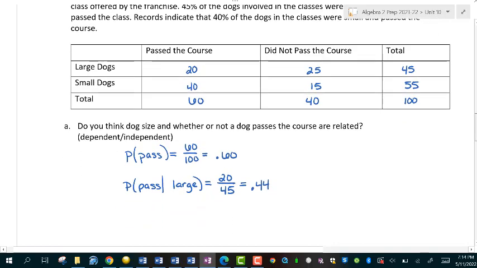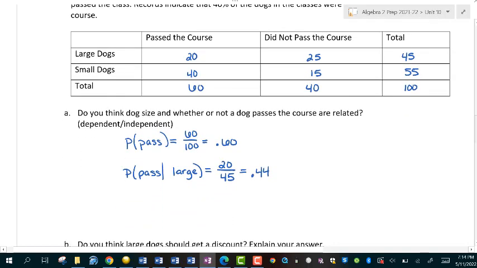So here's our first method of proving independence. So we're trying to determine, do you think dog size and whether or not a dog passes the course are related? The first thing I did was just calculate the probability of passing the course. So 60 out of 100 dogs pass, so that's a probability of 0.6. Then I said, okay, well, what is the probability of passing given I've selected a large dog?